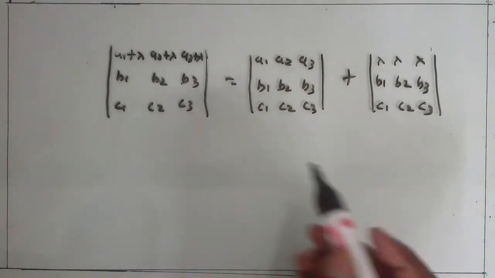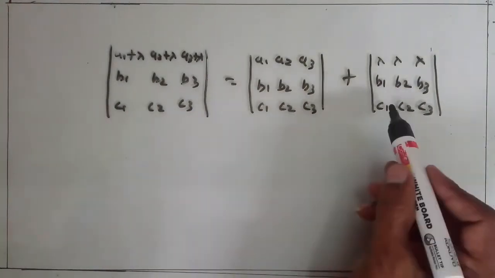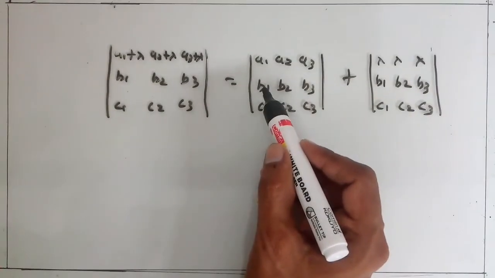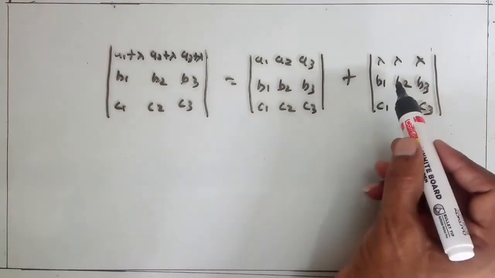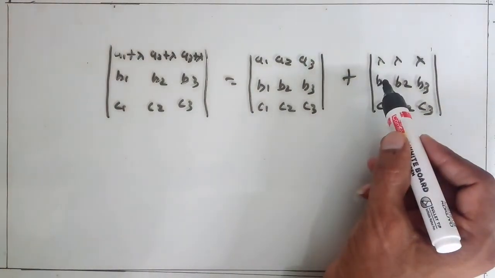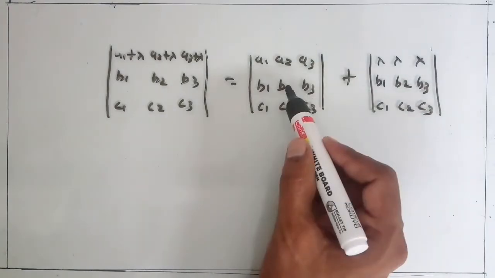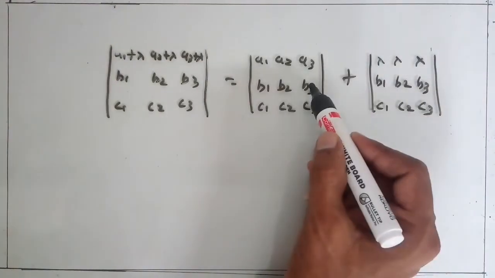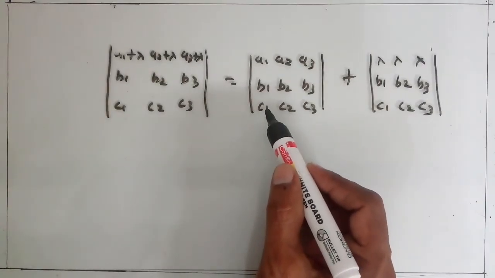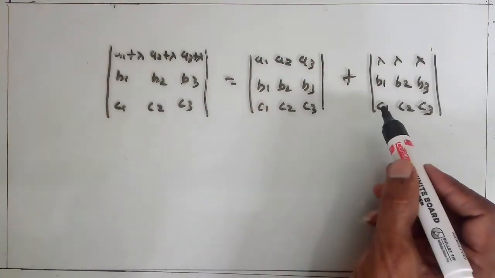That means in the two determinants, the corresponding entries of two rows are equal. Here in the second row the first entry is b1, here also b1, the same b2, b2, b3, b3. In the third row the corresponding entries are also equal.